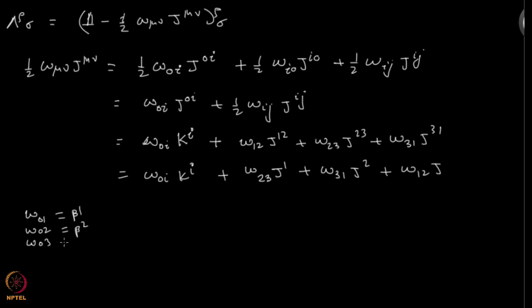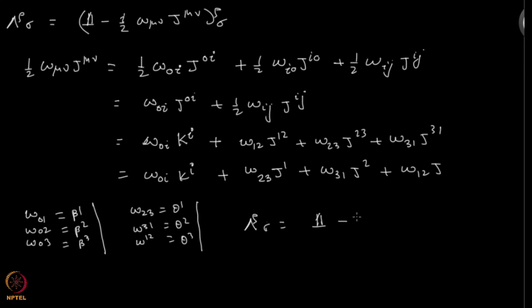Okay, these are just new names for the parameters I am giving, and also define omega 2 3 as theta 1, omega 3 1 as theta 2, omega 1 2 as theta 3. Okay, just renaming things.